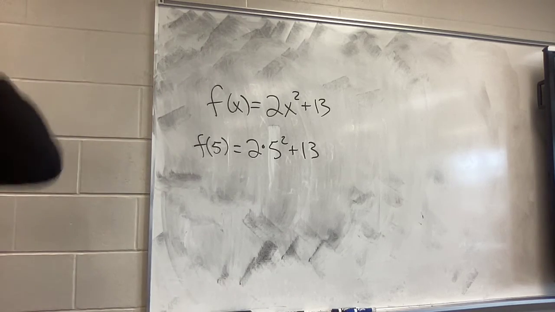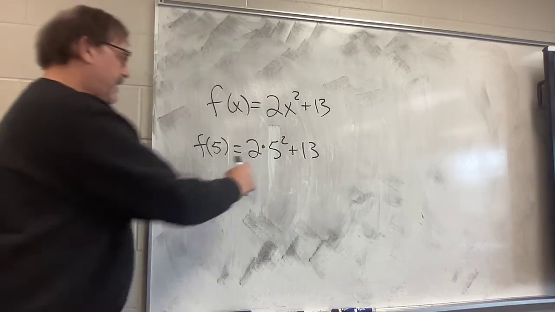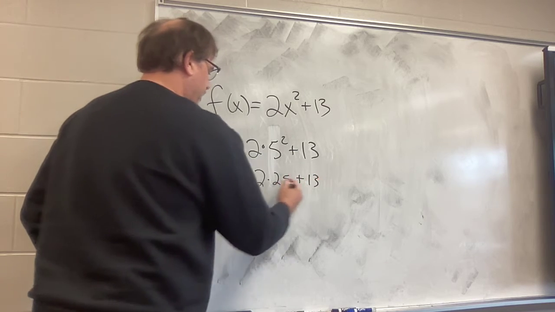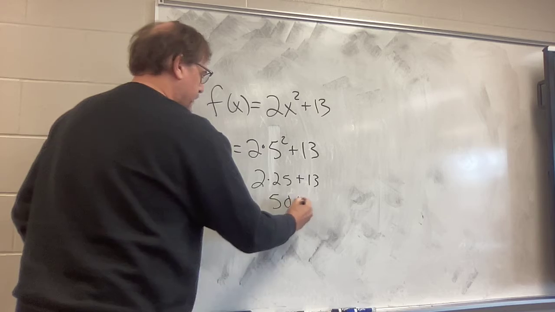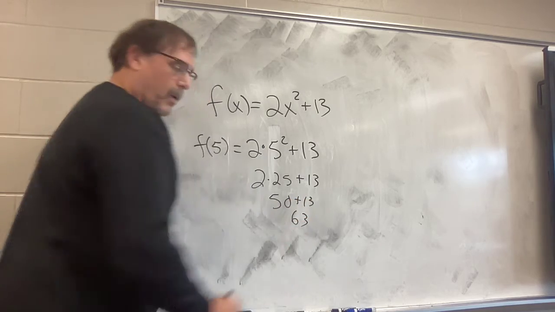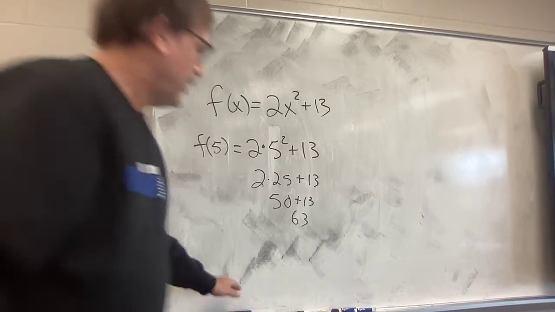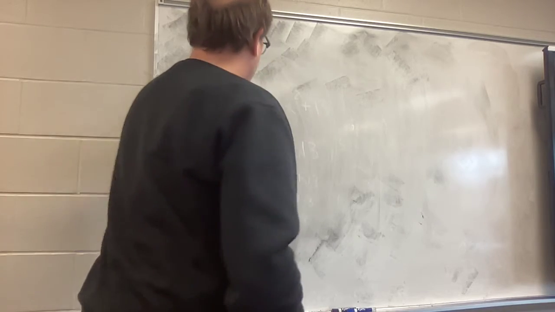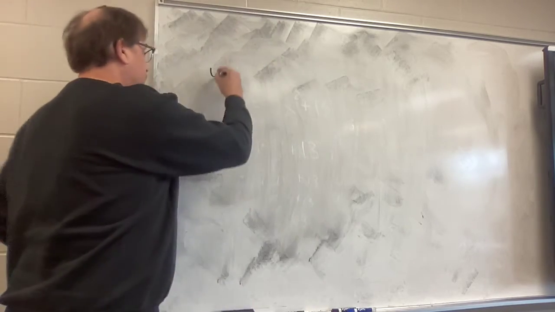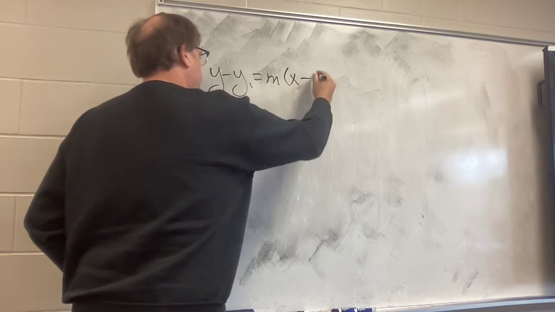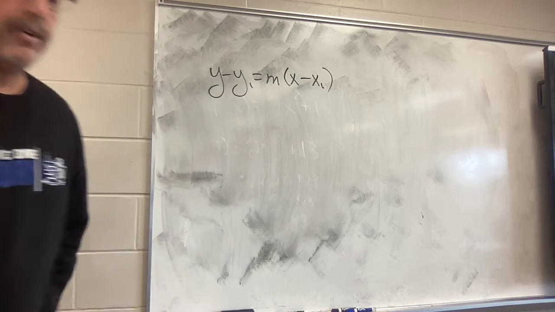Do not take 2 times 5. 5 squared is 25. Order of operations. That is evaluate. All right. You will be given the formula. You'll just have to know how to do it.